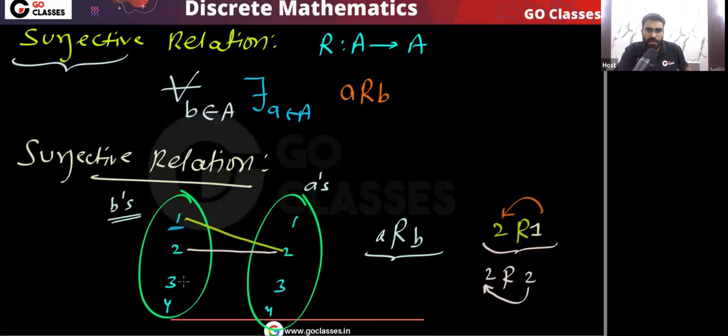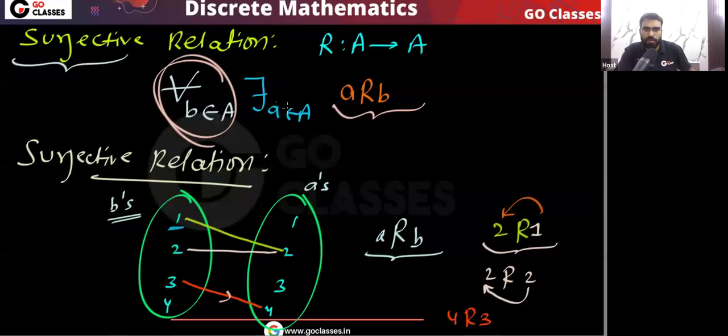Next, let's assume 3 is related to 4. Then it simply means that 4 is related to 3, because remember, A is related to B. These are the A's and these are the B's.